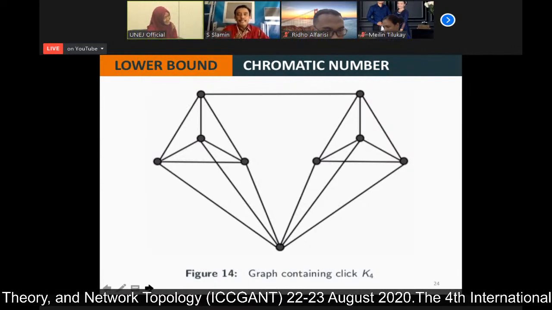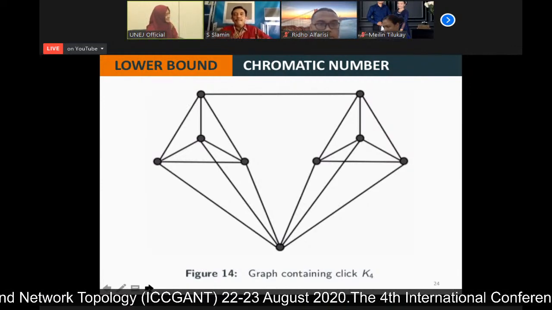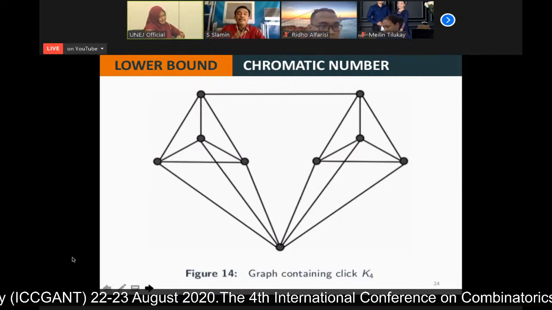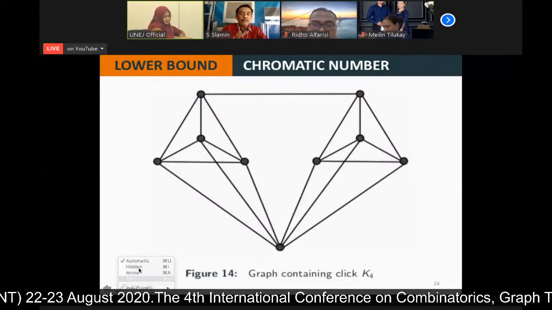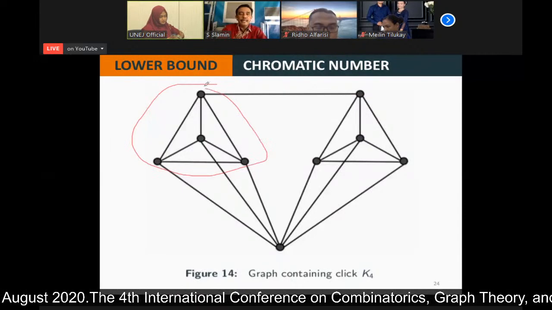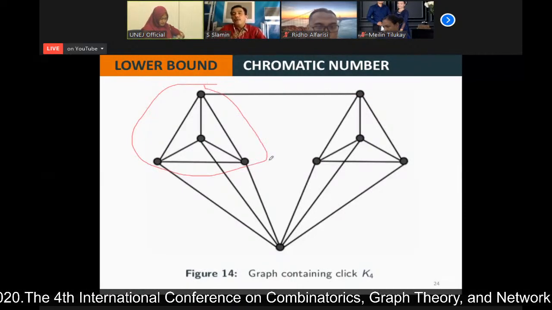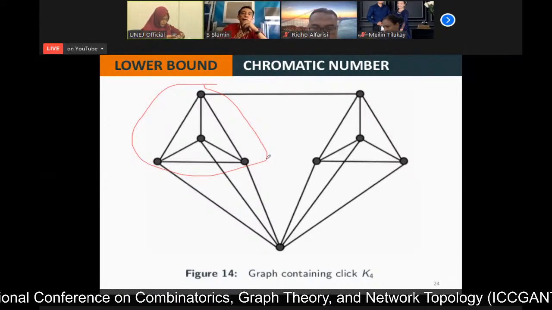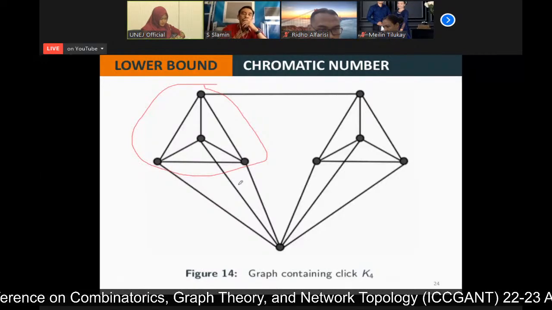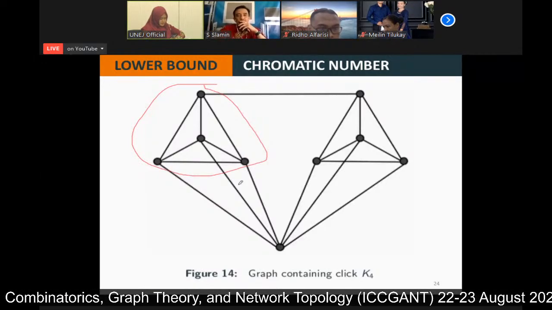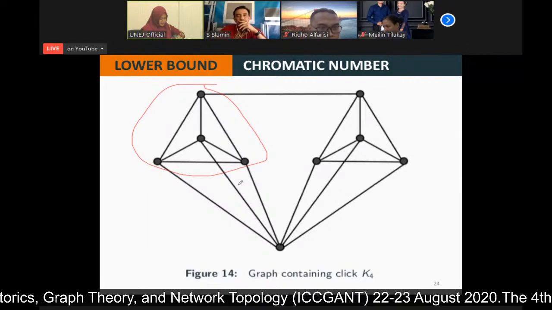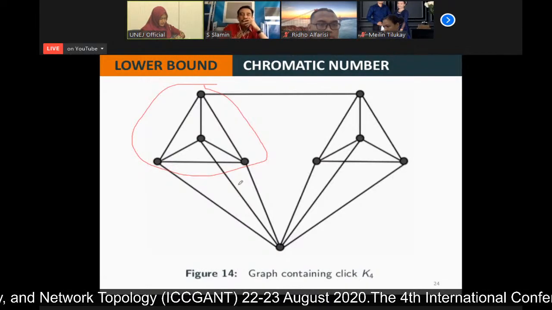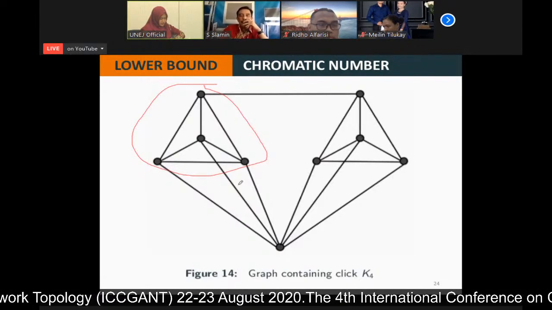You can see here that this graph has a clique on 4 vertices, which means we have a complete graph on 4 vertices here, K4. It means that the chromatic number of this graph is at least 4. You can try to color the vertices of this graph with 4 colors, but if you cannot, then you need another color.